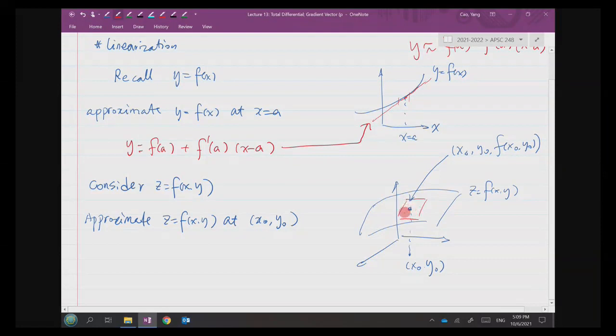Then I can use this tangent plane, not everywhere, but just choosing points close to x naught, y naught, f of x naught, y naught, as an approximation to the surface.